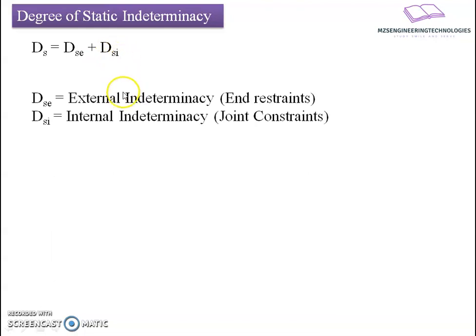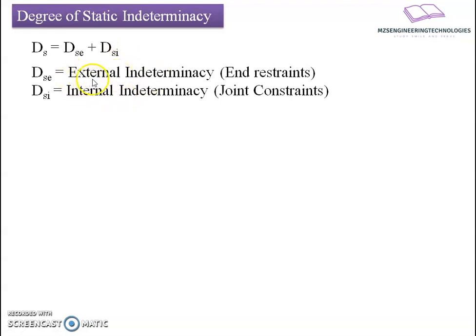So what is the meaning of dse here? The external indeterminacy is generated due to the end restraints, and the internal indeterminacy is generated due to the joint constraints. Like we have seen in the previous case, the joints or members were not properly held, which leads to the joint constraints.